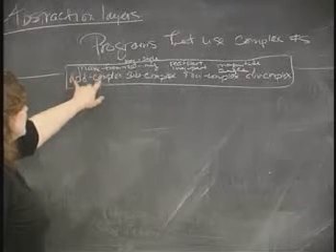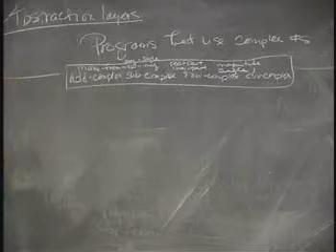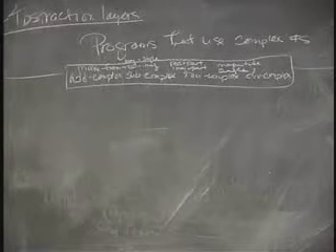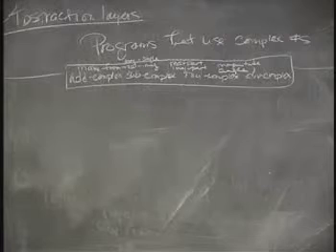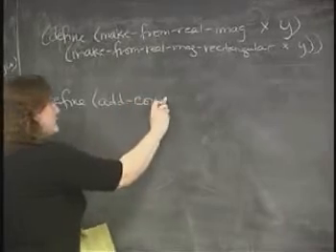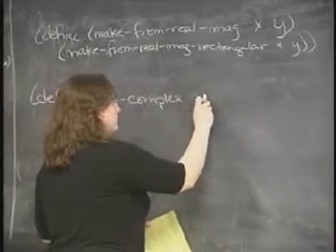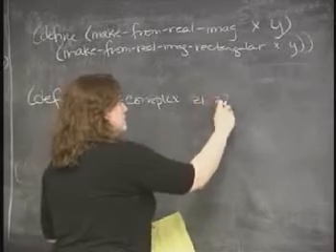Because add complex, let me just rewrite that procedure up on the board. So we're adding two complex numbers, Z1 and Z2.